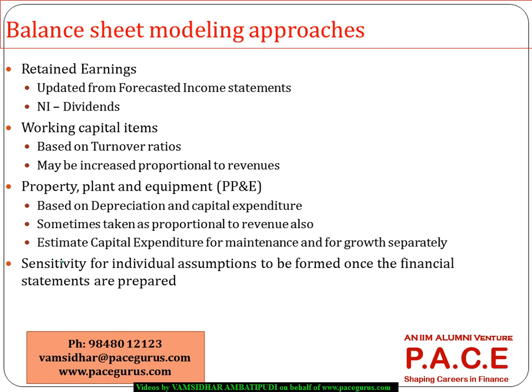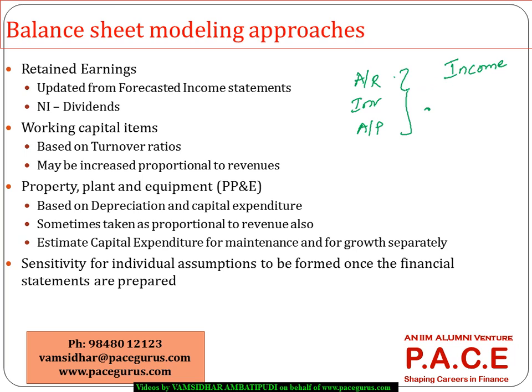Similarly, the working capital related items, whether it is current assets like accounts receivable or inventory or accounts payable, at least for all these things we have a linkage with respect to the income statement elements.